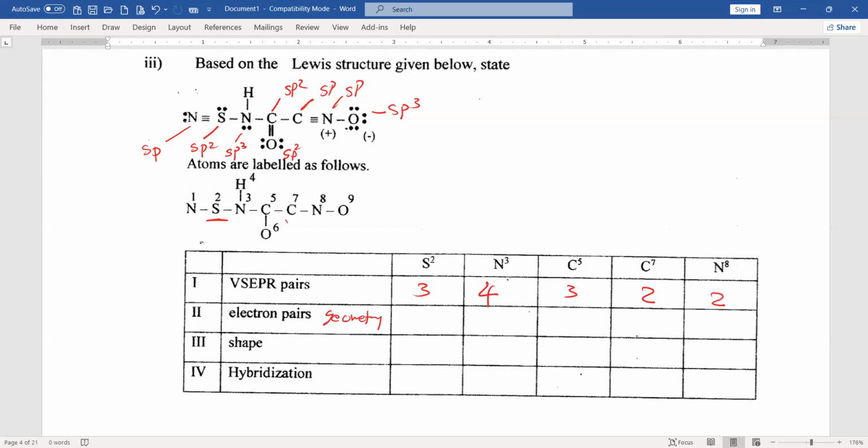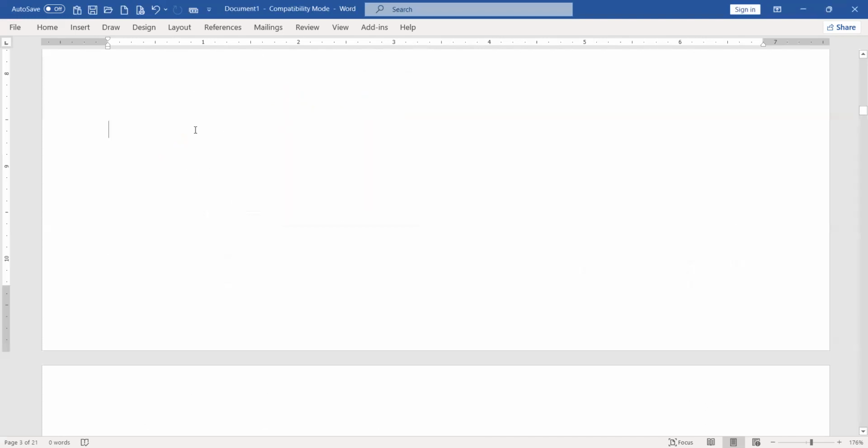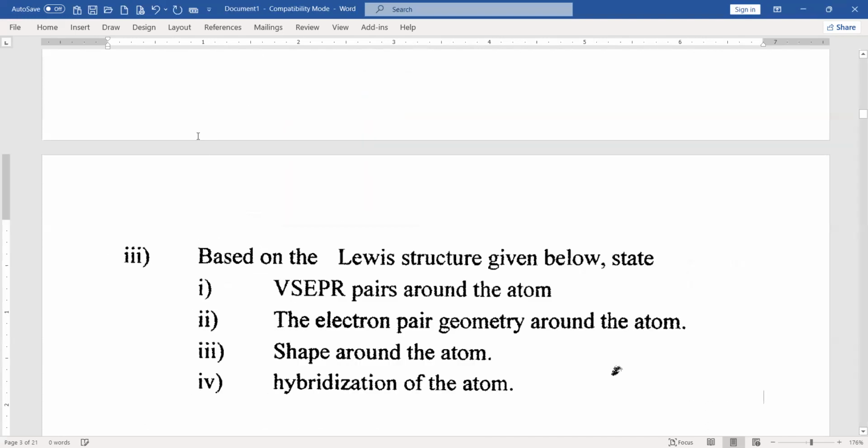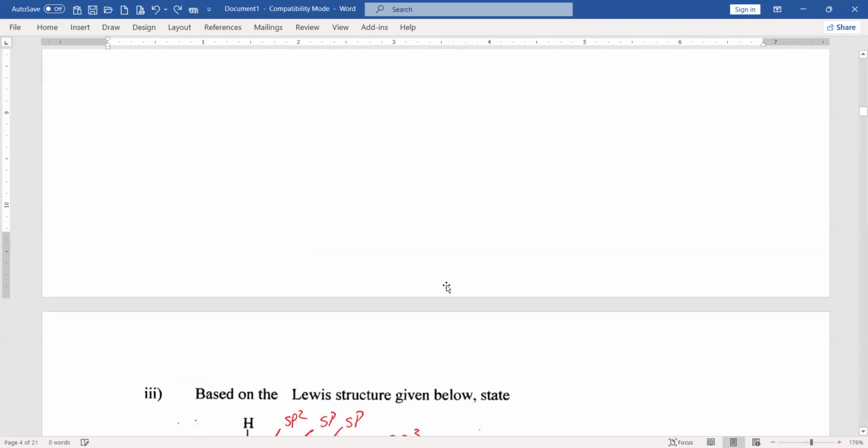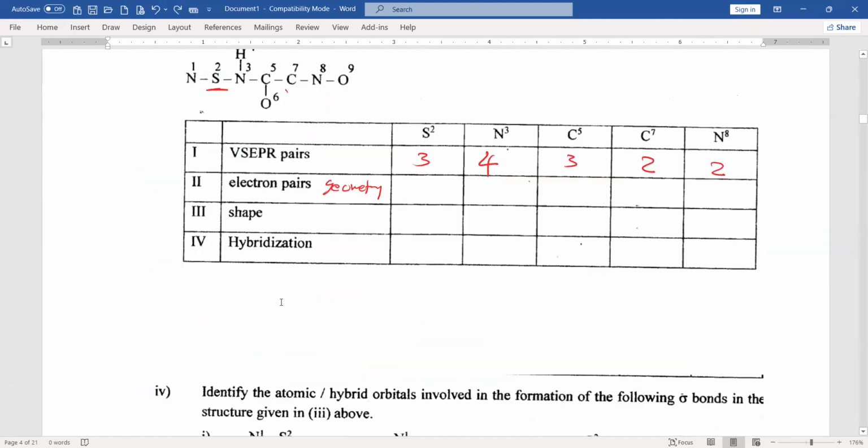Or even in the instructions, I did not put them. So you will see that they may mention that: VSEPR pairs around the atom, the electron pair geometry around the atom, shape around the atom, and hybridization. So it is electron pair geometry.